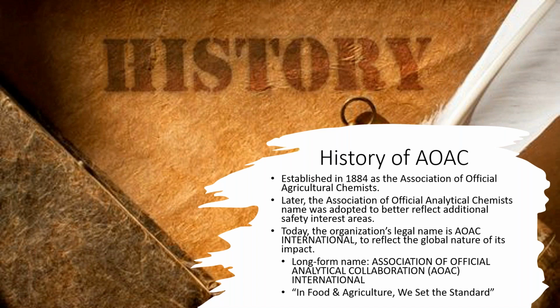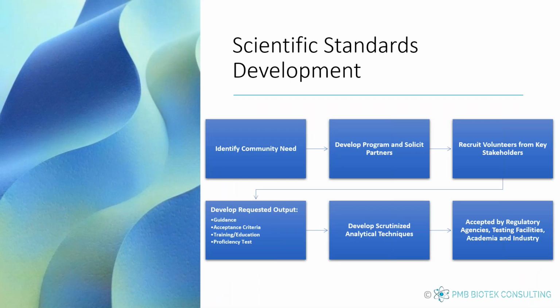And the objective of AOAC, as I said, is to build those unified standards through the development of our program initiatives. So what does that actually look like? Well, the first thing AOAC does is they try to identify a community need. While we have a strong, robust membership, those members maybe specialize in a certain sector.